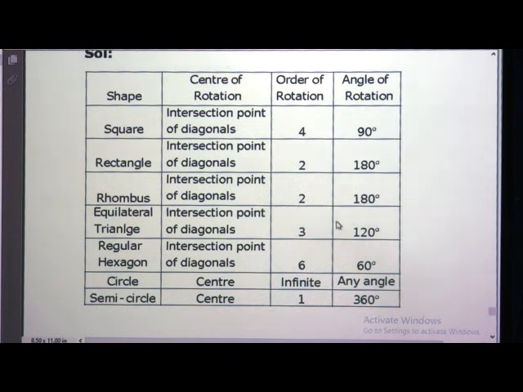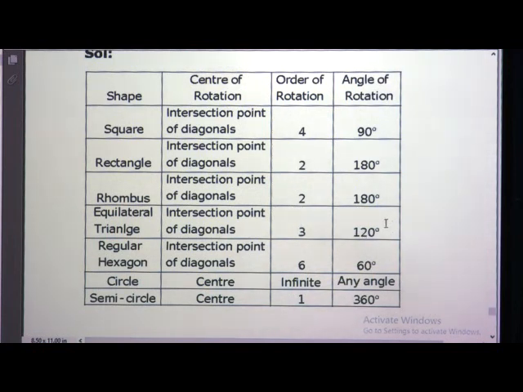3 rotations means to complete one complete rotation is nothing but 360 degrees, and the order of rotation is 3. So, we divide 360 by 3, which is 120 degrees.